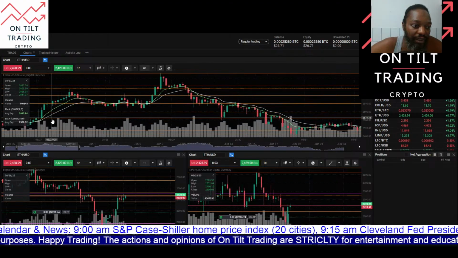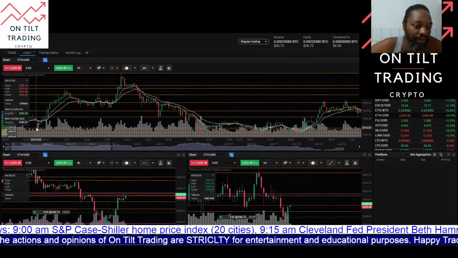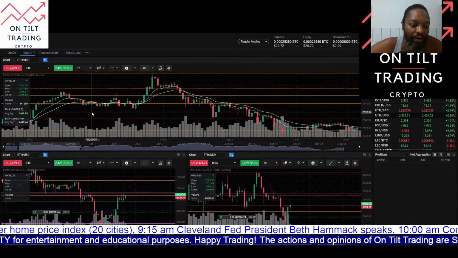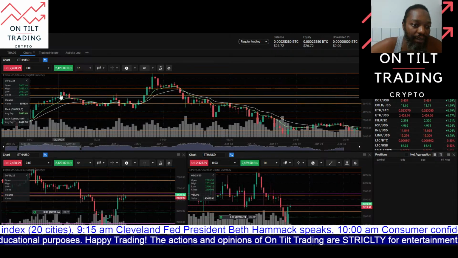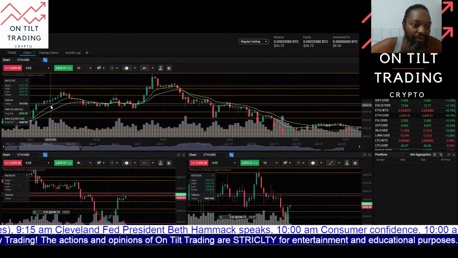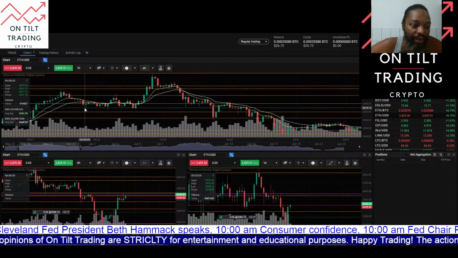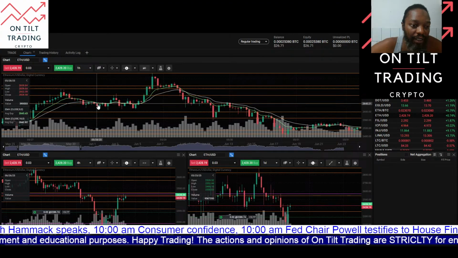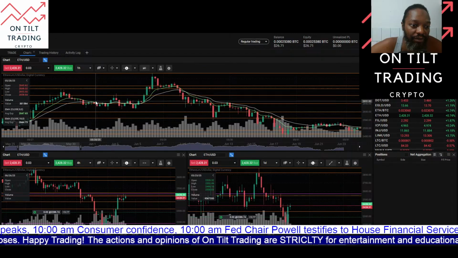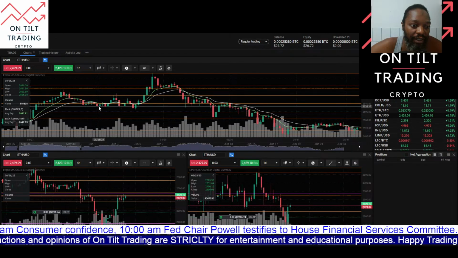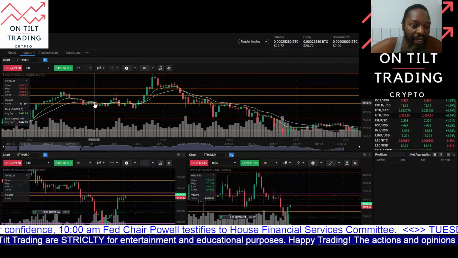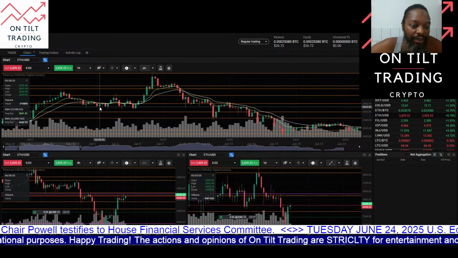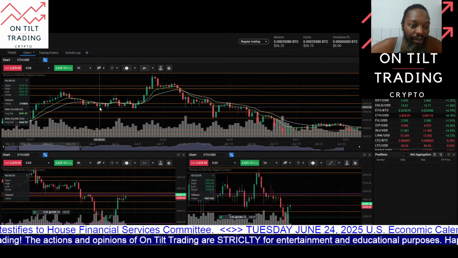So taking an entry here on pullback, let's say taking profit up here, and then this being the structural range, this being the strong low, this being the weak high, and then lining this up, you can see here's a break of structure, so this would be the new high, but the moving average is still above, so I wouldn't do anything here, but this is still structurally the low.